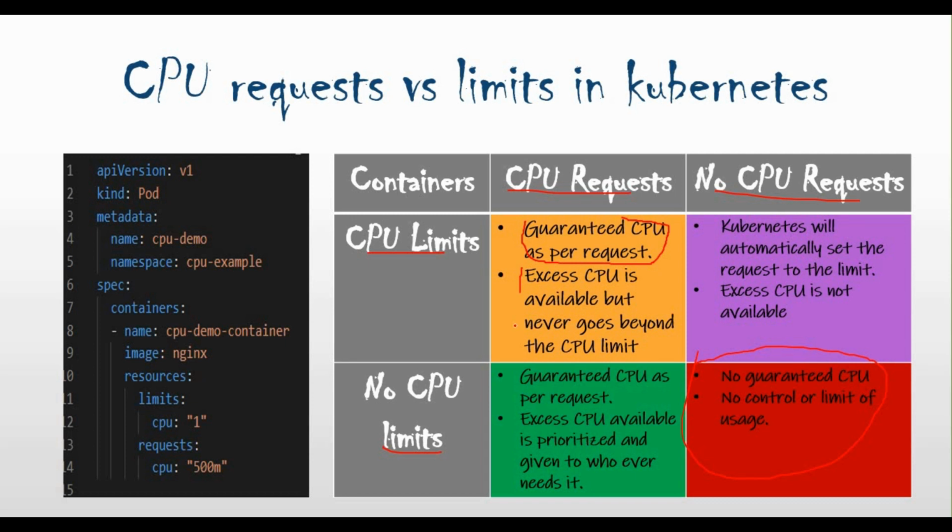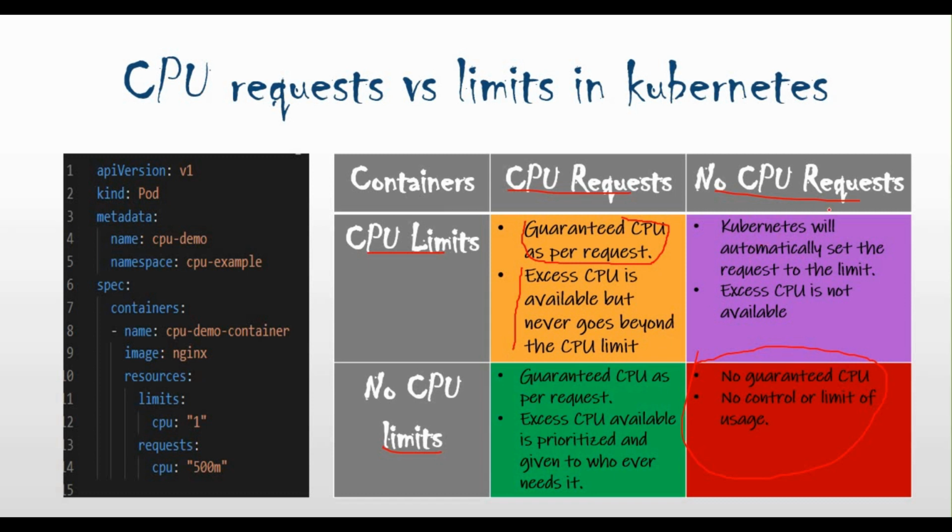Now for the limit, you have put something in excess, above the request. So the excess CPU is available, so that if the container needs it, it can use it, but it will never go beyond the CPU limit. The container cannot go more than what is set in the limit.